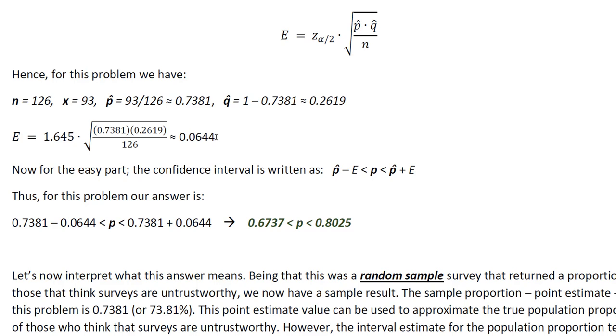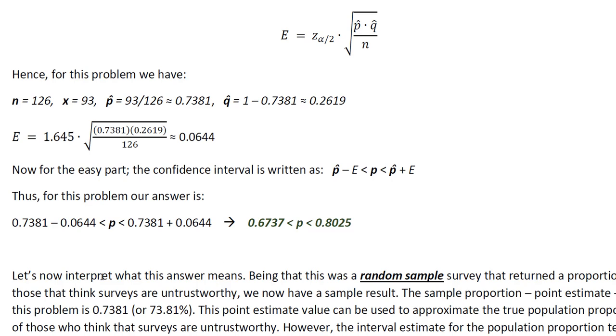We're done with the hard part. That E gives me my error. And what I do with that error is I subtract it from p hat, I get a result, and I add it to p hat, and I get another result.